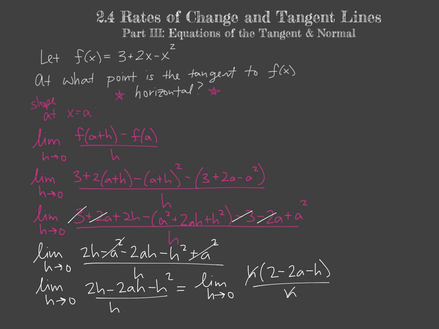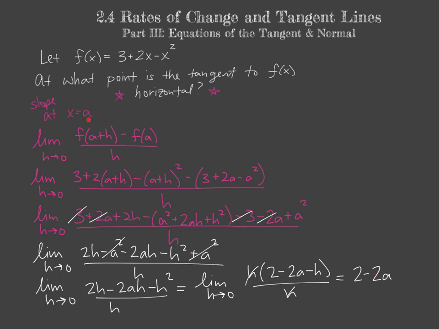The h's cancel. When we direct substitute in 0 for h now, we're left with 2 minus 2a. That means that generally, in order to find the slope of the tangent line for any point a on this curve, it's just 2 minus 2a.